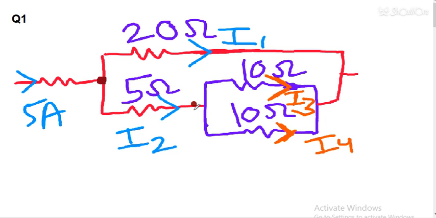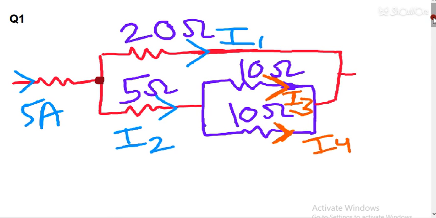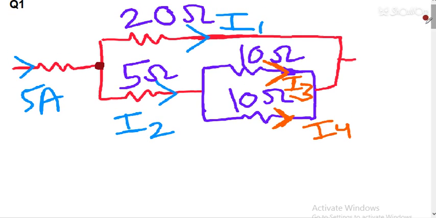That is the first concept. The second concept is that you have to minimize this circuit into one resistance. So I will explain, don't worry. This will be the 5 ampere current. Resistance value is not given.